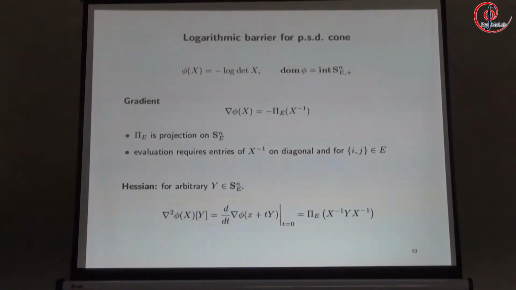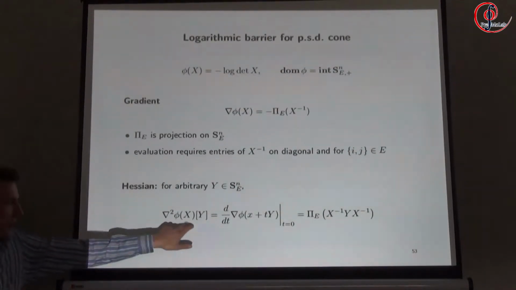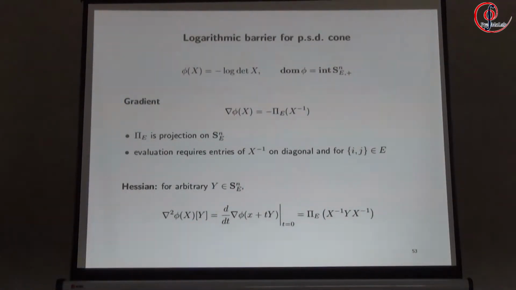Here again you have to project it on that sparsity pattern. And here the question is, for a given sparse matrix y, for example a band matrix, and a given positive definite sparse matrix x, evaluate this expression without actually computing this entire dense matrix or the entire inverse. If you can do this, then you can efficiently implement a barrier method for conic optimization problems with this cone.